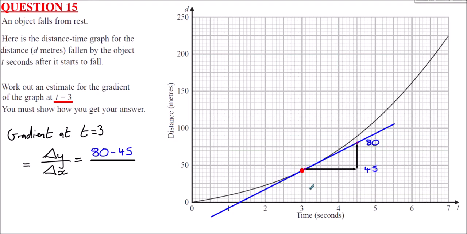So x here, so if it's a different colour, at this point here, that's where x is 4.5. At this point, that's where x is 3.1. So the change in x is 4.5 minus 3.1.